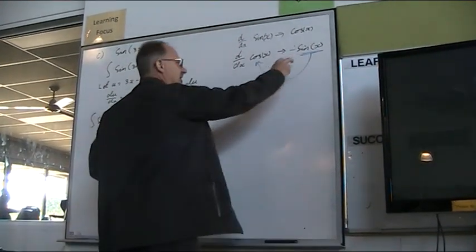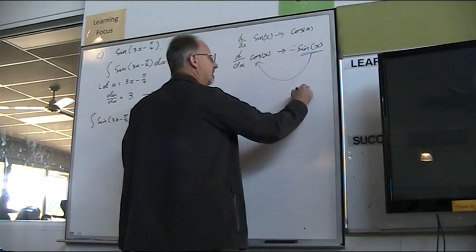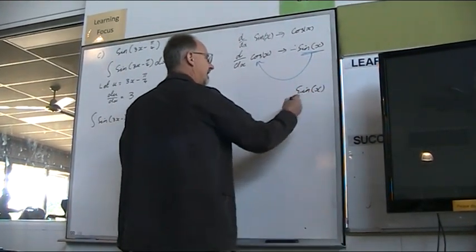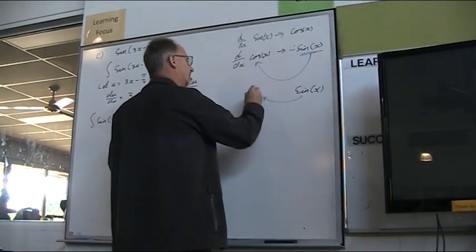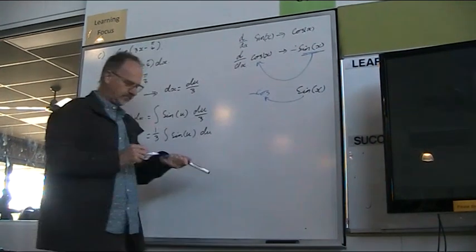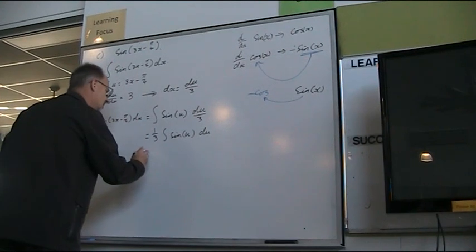So if negative sine goes back to cos, then just straight sine would go back to negative cos. Negative cos, exactly, yeah. So let's go back to negative cos.